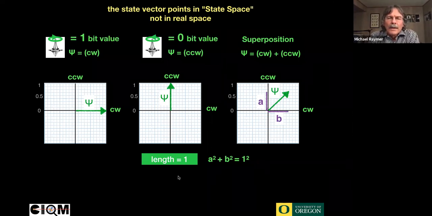So here is the application now, the usefulness of this abstract representation. I told you that we can represent the clockwise quantum state by an arrow that points towards CW, and a counterclockwise spin state by an arrow pointing towards CCW. Well, I told you also that you can make a quantum superposition.